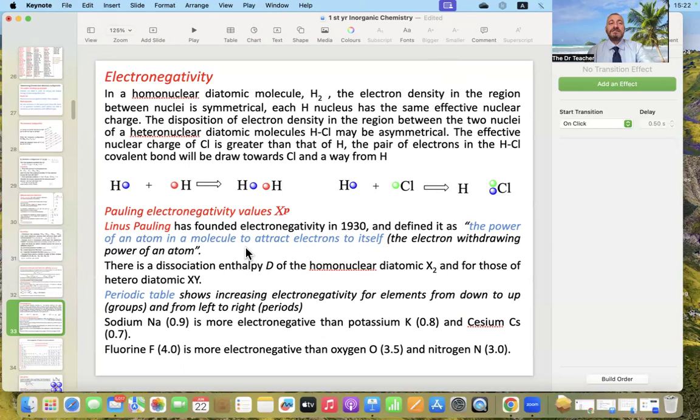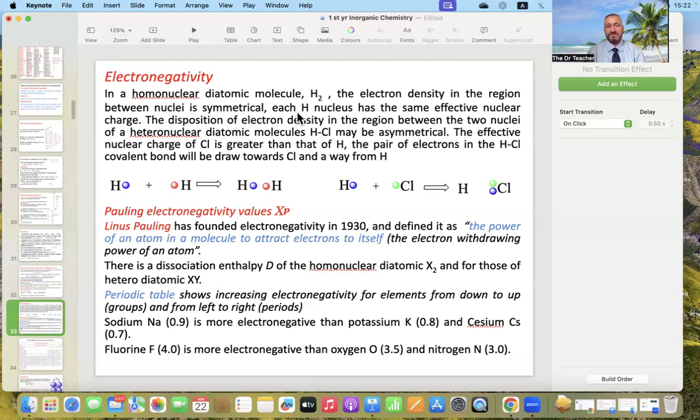Electronegativity. In a homonuclear diatomic molecule, like hydrogen gas, the electron density in the region between the nuclei is symmetrical. Each of the two hydrogen nuclei has the same effective nuclear charge.